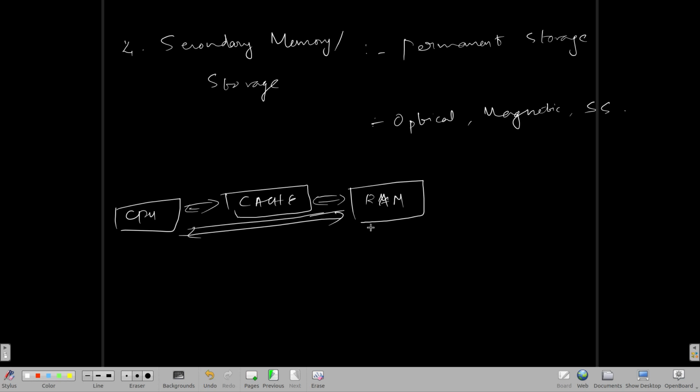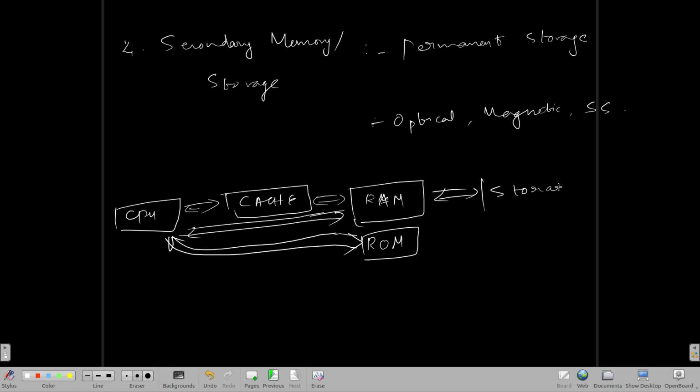Then you have the ROM, which is in a similar category as RAM itself, but I'm drawing it separately to show that there isn't much interaction between it and secondary memory or storage. So this is sort of an independent thing. Yes, there can be some interaction between RAM and ROM, but for the time being, let's say it is independent.